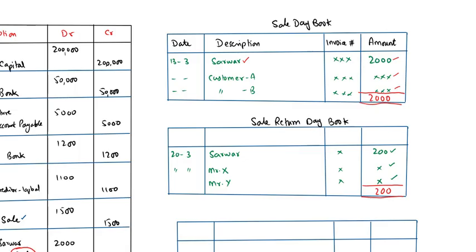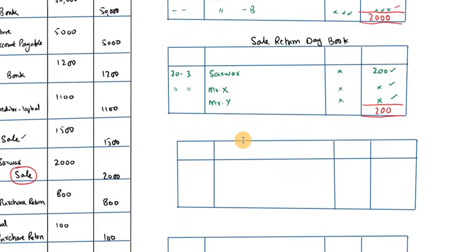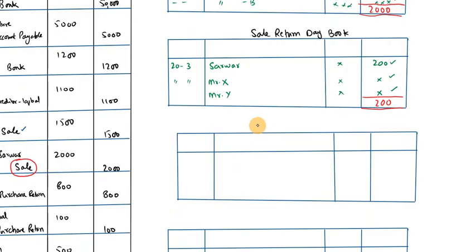The third book of prime entry will be the purchase day book. Purchase day book, also called purchase journal, that we discussed earlier in the last session. So find the credit purchases.